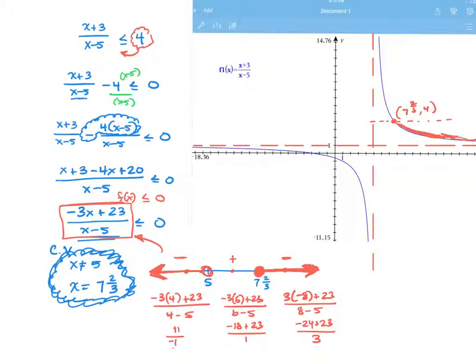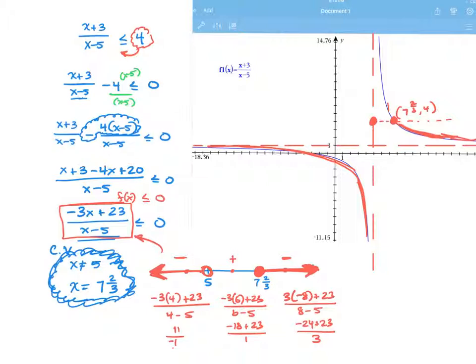And anything on this part of the graph also has a y value less than 4. So what we have is a tiny interval between 5 and 7 2/3 in which the function is actually greater than 0. Here you can see it in blue. So the sign analysis helps us prove that.